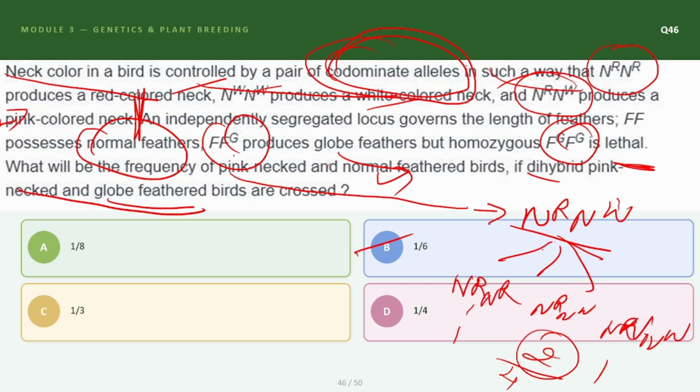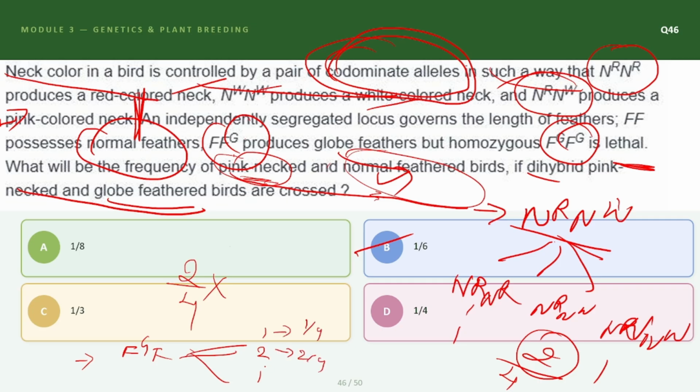What they are asking is the pink-necked and normal feather. You want pink-necked, so you will get 2 by 4. Then another one is normal feather. Here you go. Normal feather means what is the FF? Again, it will segregate in 1 is to 2 is to 1 ratio. See 1 by 4, 2 by 4 and 1 by 4. This one is completely dead because of this.